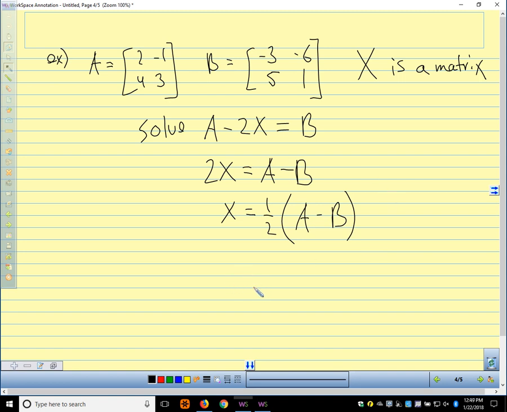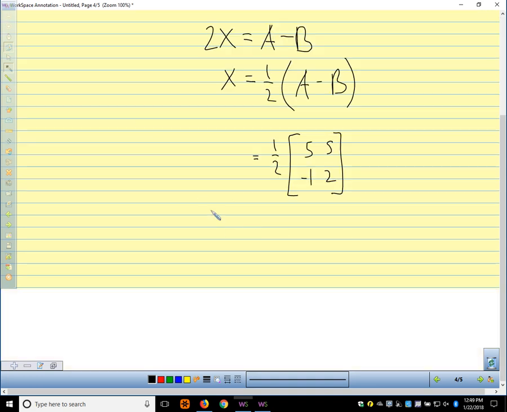Well, now I can write that out. That's 1/2 of the matrix A minus B: 2 minus -3, which is 5. -1 minus -6, so another 5. 4 minus 5, -1. 3 minus 1 is 2. It would be fine to leave your answer written like that.